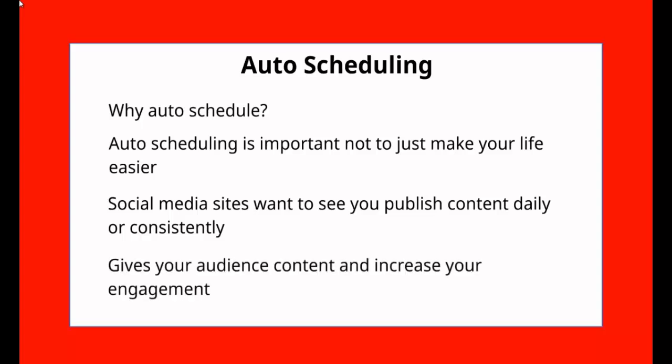So it's a win-win situation. You're winning by saving a lot of time on your end, and in addition to that, you are also giving your audience content, increasing your engagement, and thereby the social media sites will see that and their algorithm will kick in and get you better rankings.